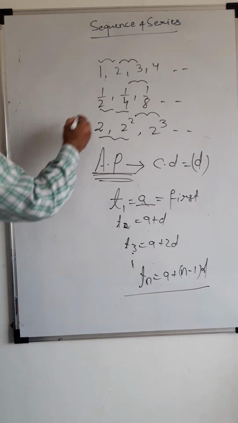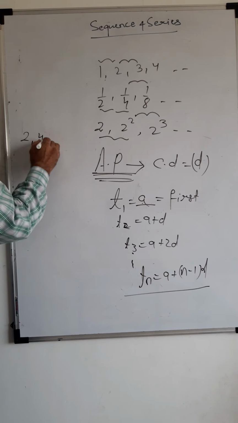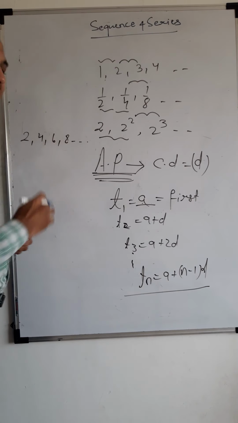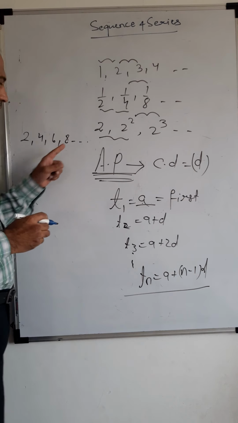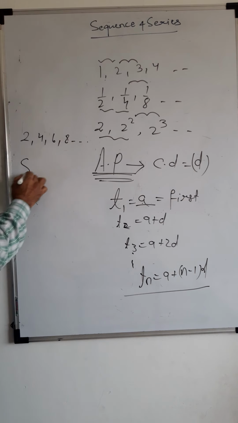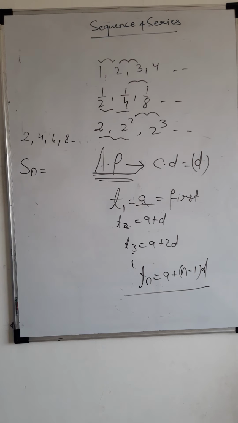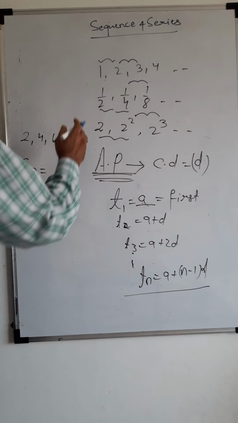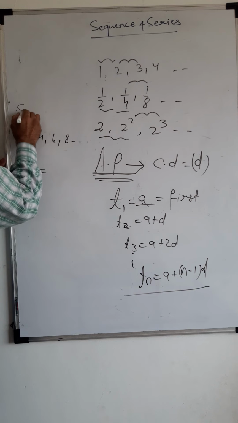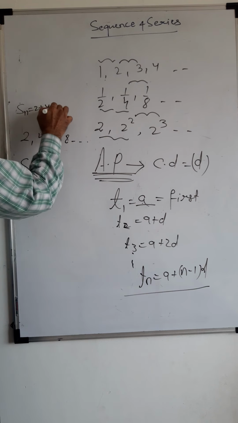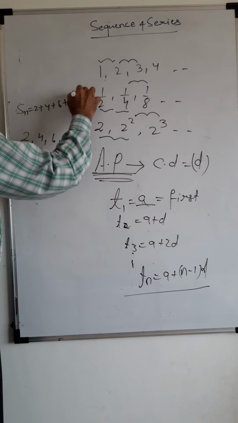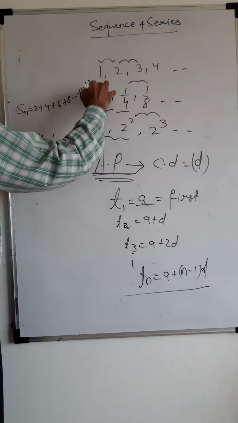Now, in arithmetic progression, let's say 2, 4, 6, 8 and so on, it is an arithmetic progression. So, we have the sum of n terms of an AP also. Like Tn, where we have seen a plus n minus 1 into d, similarly we have the sum of n terms when you have to add. Let's say the series is 2 plus 4 plus 6 plus 8 up to n terms. Correct?